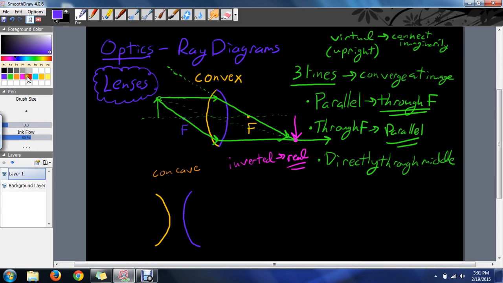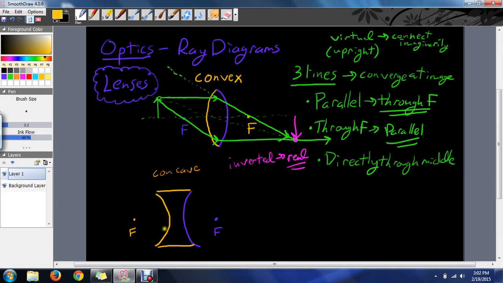So this shape will have a focus on this side, a virtual, imaginary focus, because the light goes through the lens and connects back here imaginarily. And of course we will have this focus on this side. Looks like an hourglass shape.